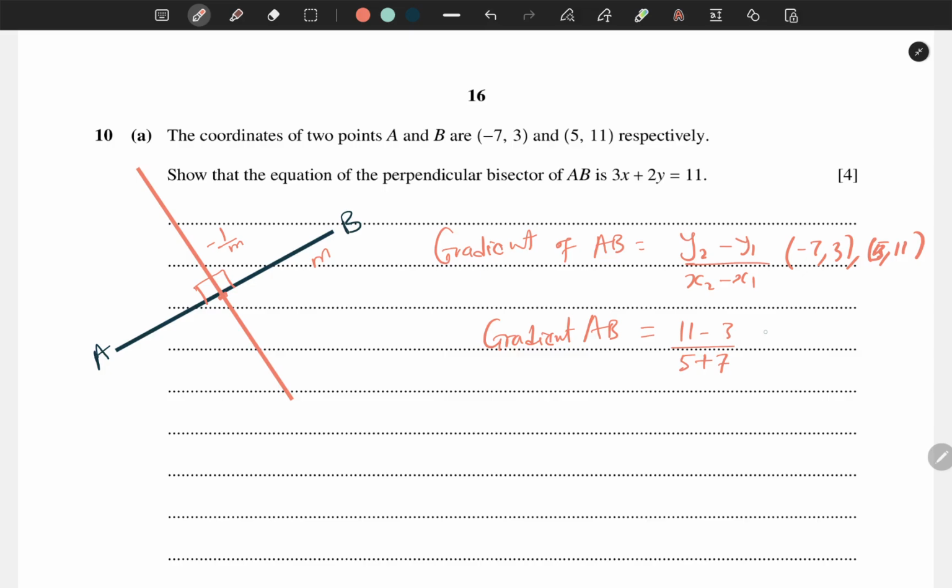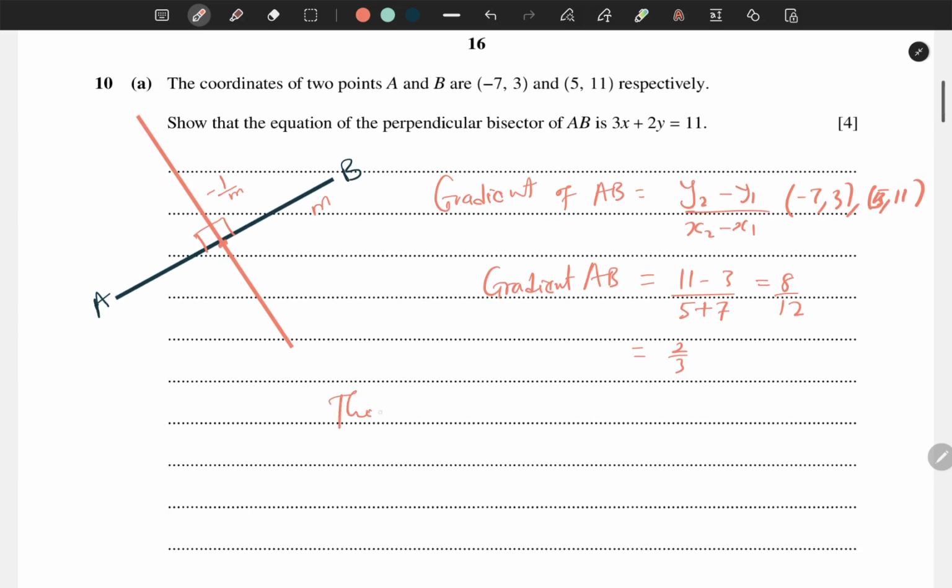So this will give us 8 over 12, and in simplest form that's 2 over 3. So if the slope of line AB is 2 over 3, it means that the slope of the perpendicular bisector is minus 3 over 2.